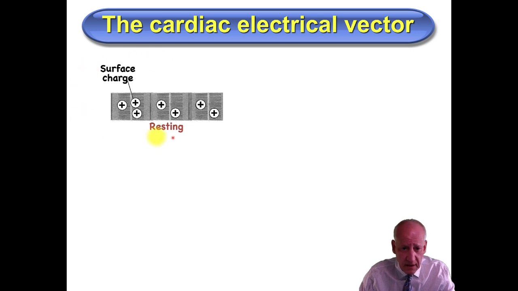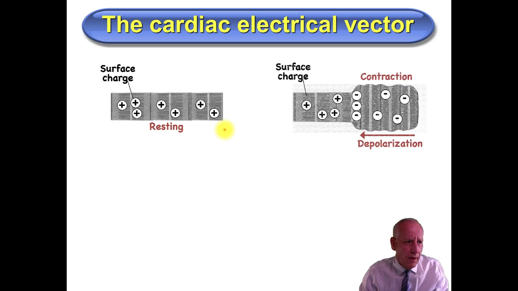So here we have a resting cardiac myocyte. The surface has a uniform distribution of positive charges, and as the fiber depolarizes on the right side here, the surface becomes negatively charged. And as excitation propagates from right to left, we will see an excited zone with a diffuse cloud of negative surface charges behind a resting zone with a diffuse cloud of positive surface charges.